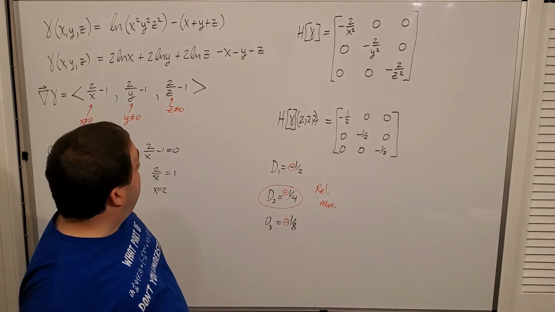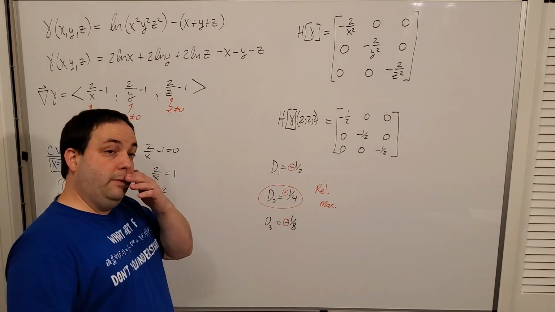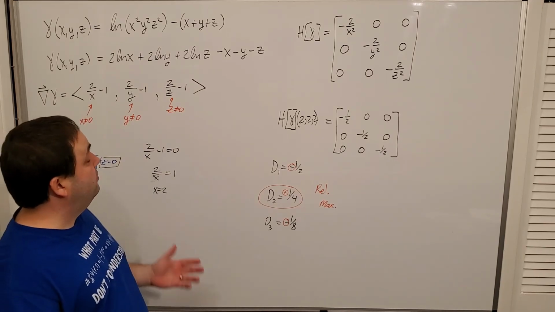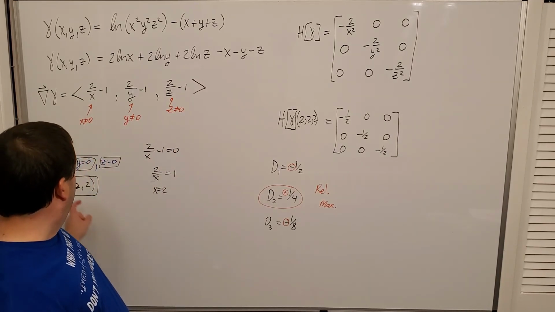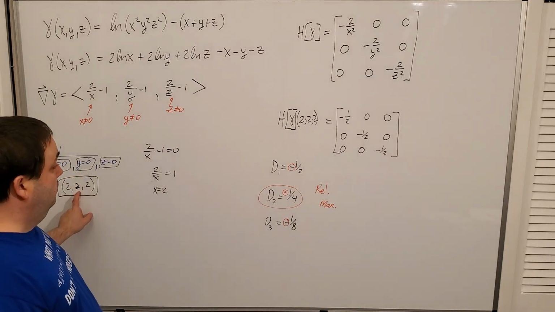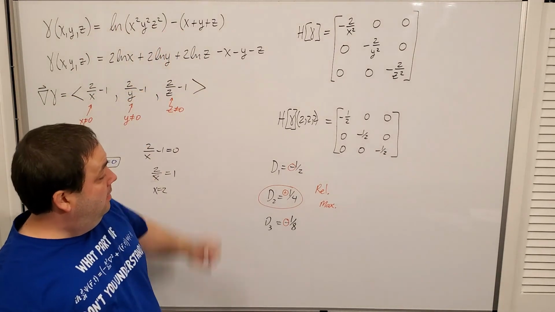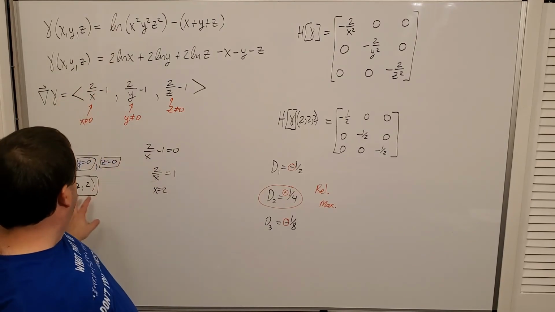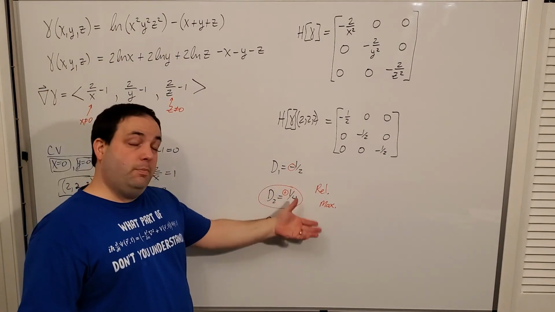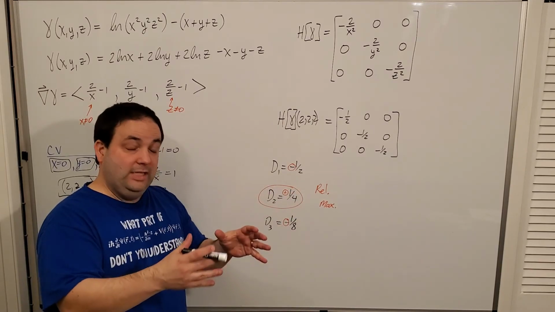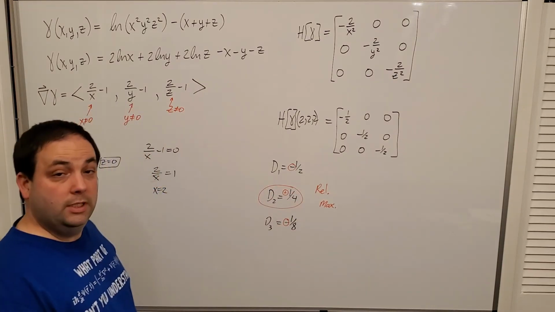This is a 3-variable function. We're not going to be able to graph it in the 4-dimensional space, but we are able to identify the point 2, 2, 2 in the domain as when if I were to actually plug in, find gamma of 2, 2, 2, that's going to be a maximum value, at least relatively, maybe globally.